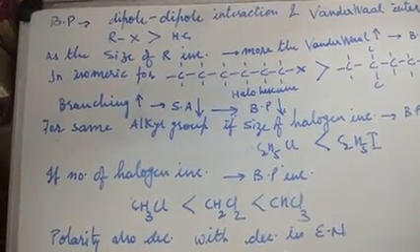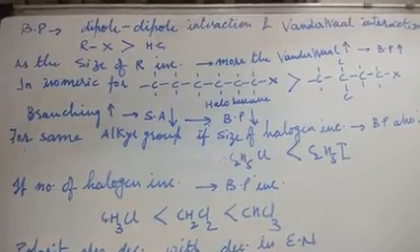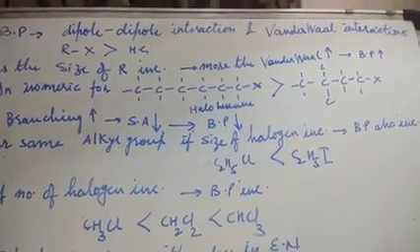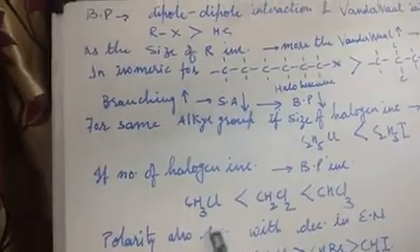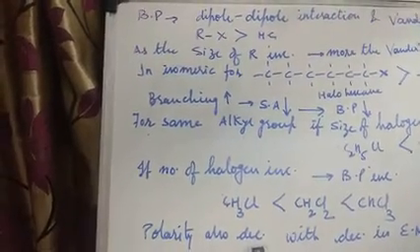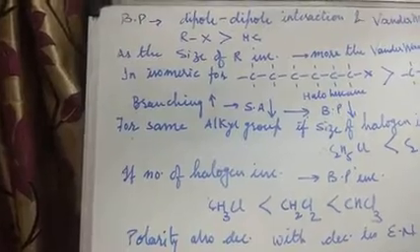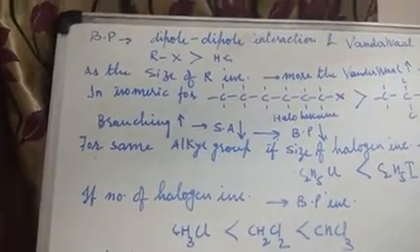And as the electronegativity of the halogen decreases, like fluorine, chlorine, bromine, iodine, the polarity of the alkyl halide also decreases. Here I have given you an example, students. Like CH3F, you are observing that instead of decreasing, here it is increasing.